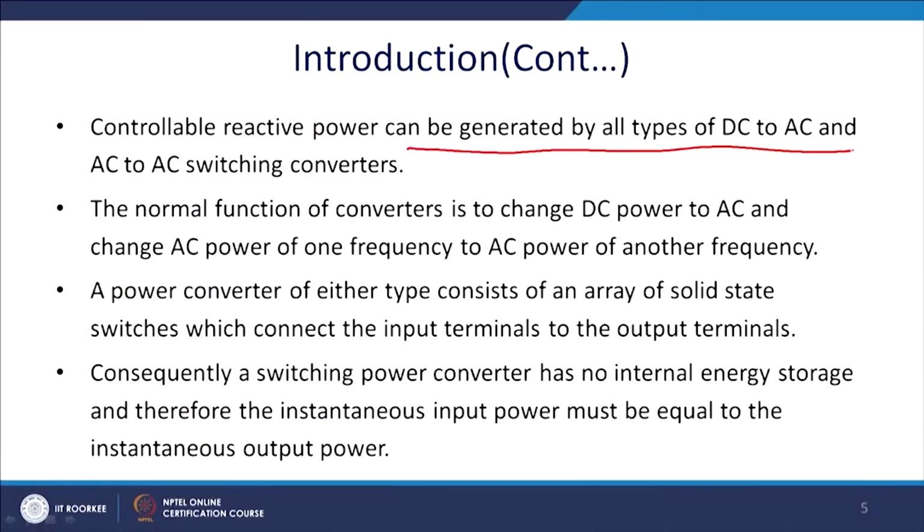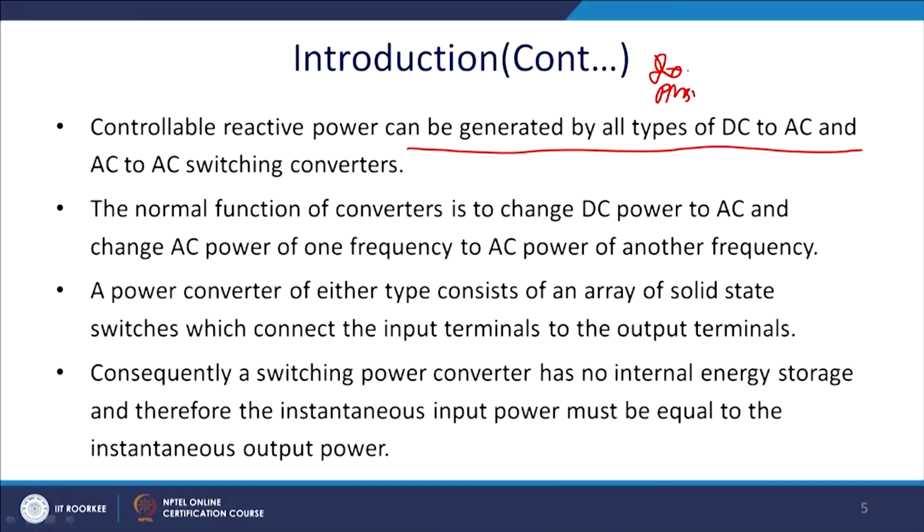Now, how does it work? Controllable reactive power can be generated by all types of AC and DC switching converters. Please understand what it essentially does. We know that you may have an AC system, maybe a PMSM, thereafter you have an inverter or converter that will convert the DC, thereafter you can convert into the AC.